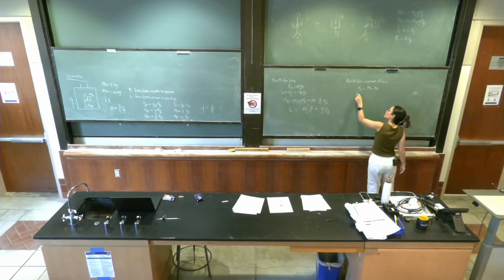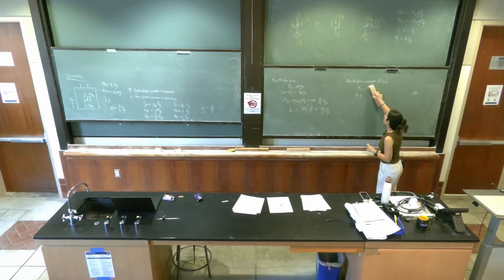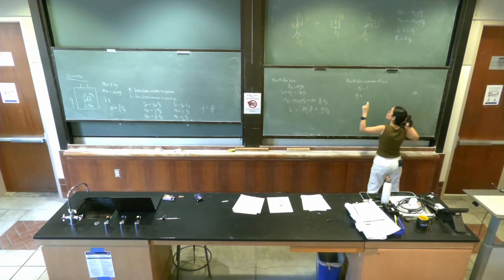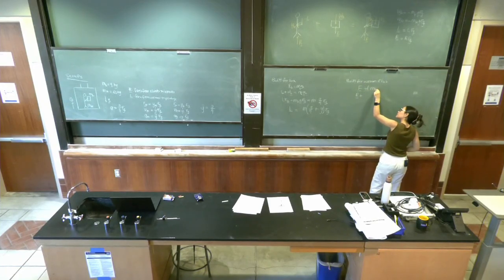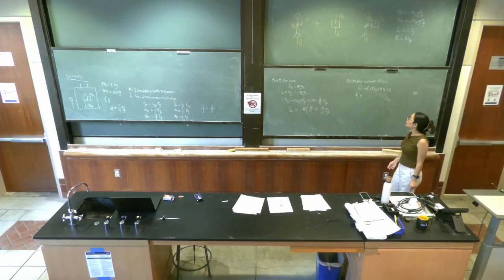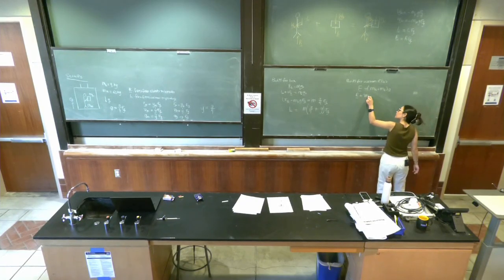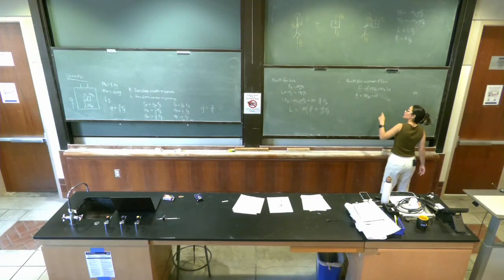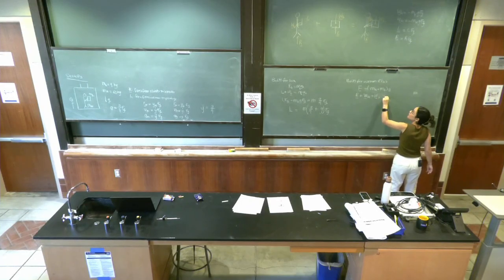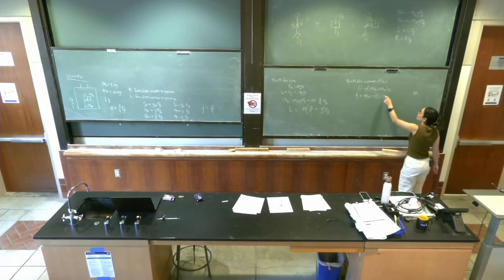That's R plus the weight of the woman plus the weight of the box, equal to the total mass times the acceleration.